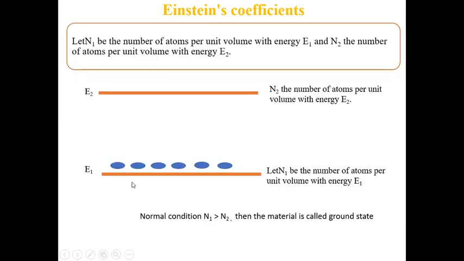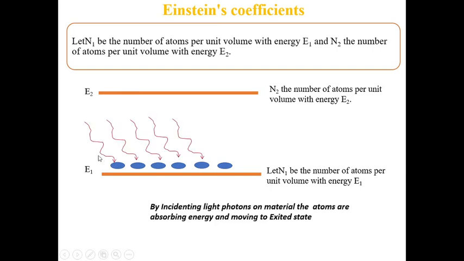That means the absorption depends on the number of atoms in the E1 state, which is also called the ground state. So n1 atoms are present in the E1 state, and depending on how much energy is incident on it, that many atoms will move to the excited state.